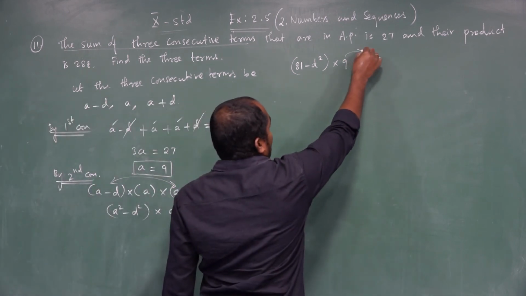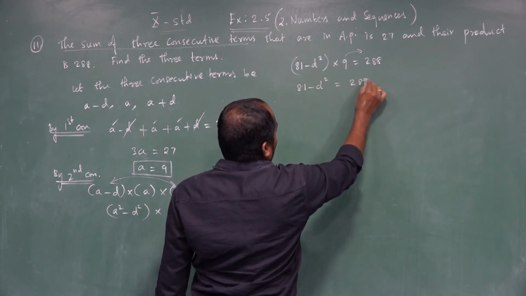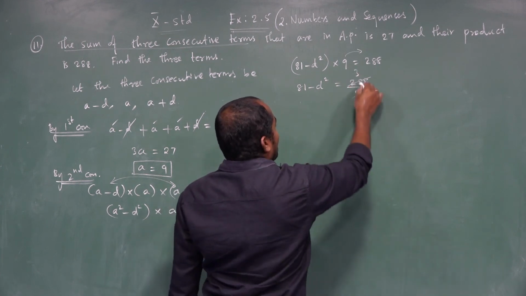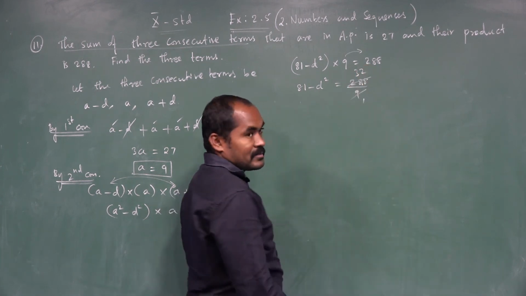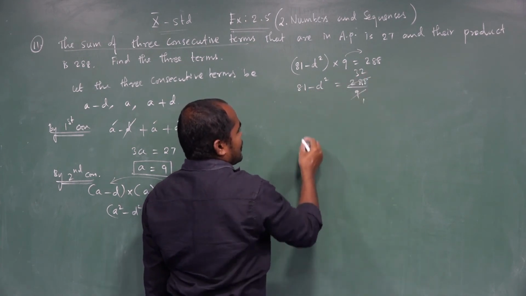So send this 9 to the right. 81 minus d square equals 288 by 9, which is 32.